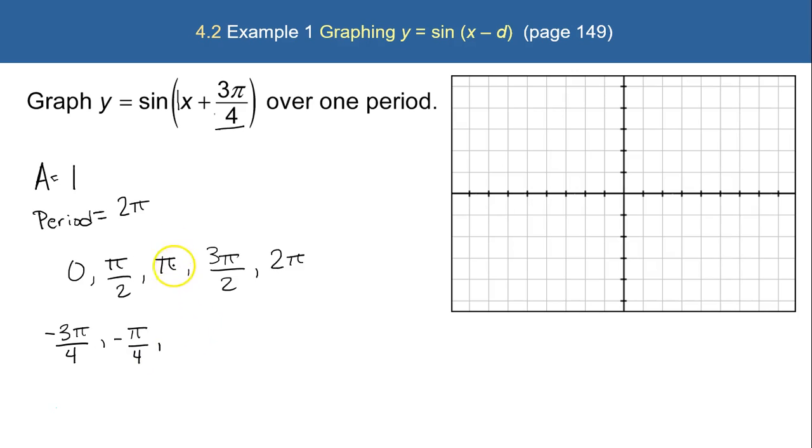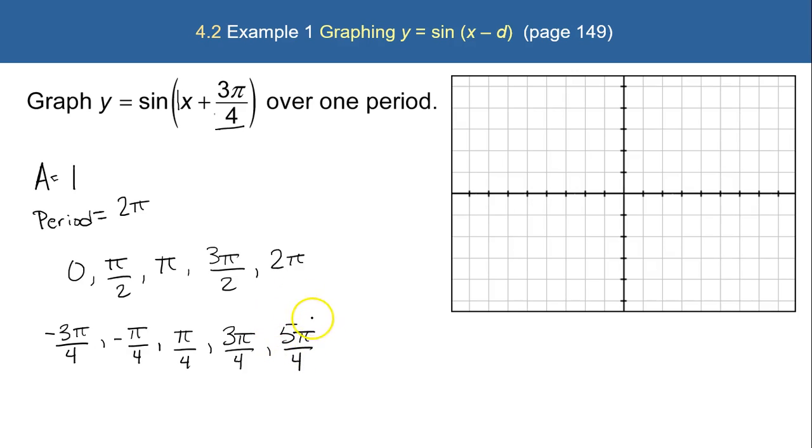And then subtract again from pi, you get pi over 4. Subtract this, you get, let's see, 3 pi over 4. And then 2 pi, you get 5 pi over 4.